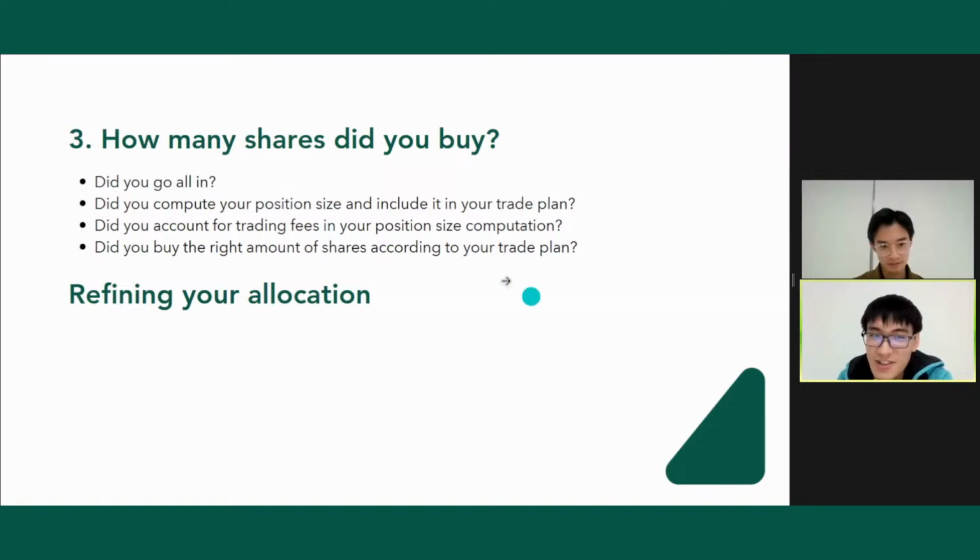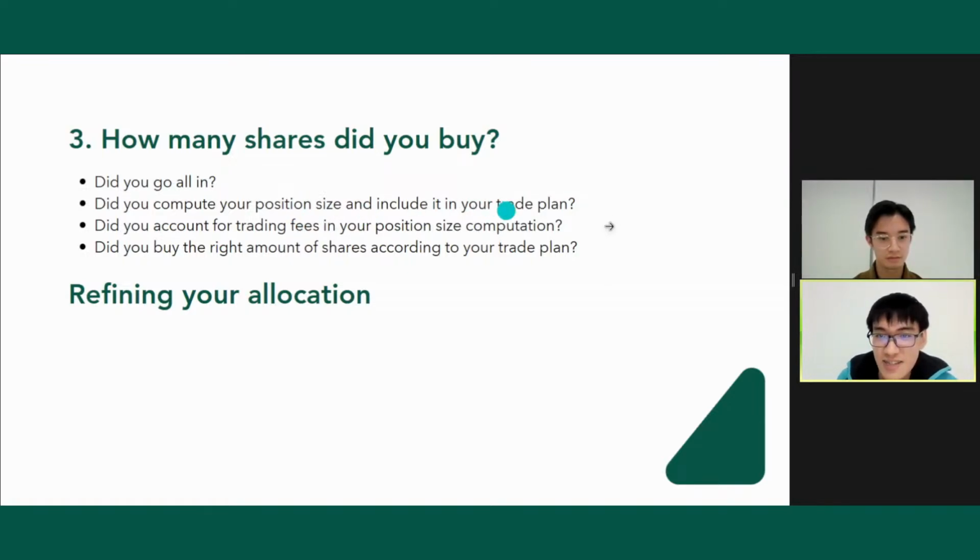You're supposed to follow whatever you computed to be your position size, right? So if you have a trade plan, you already computed your position size, which should not risk more than 1% of your portfolio, right? Did you follow it? If you computed your position size, that's the maximum amount of shares you are supposed to buy for that trade.